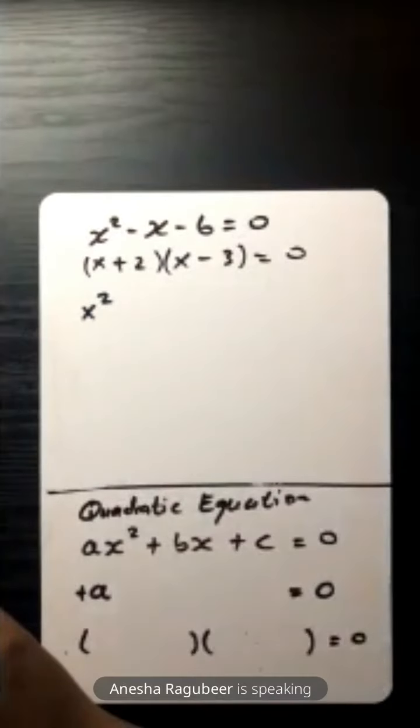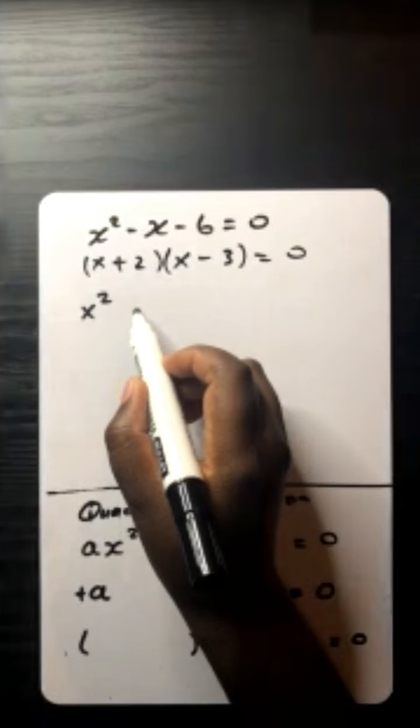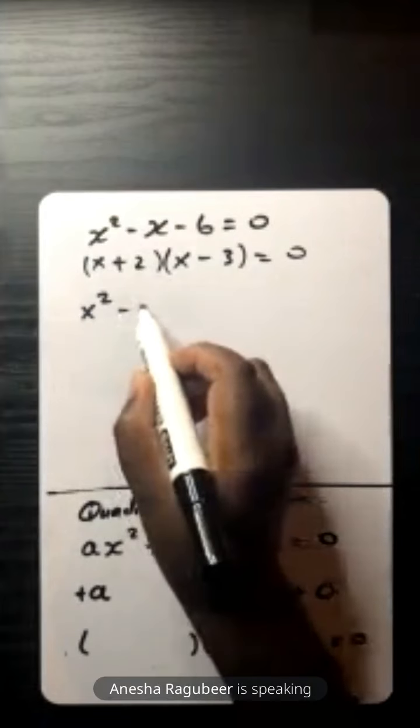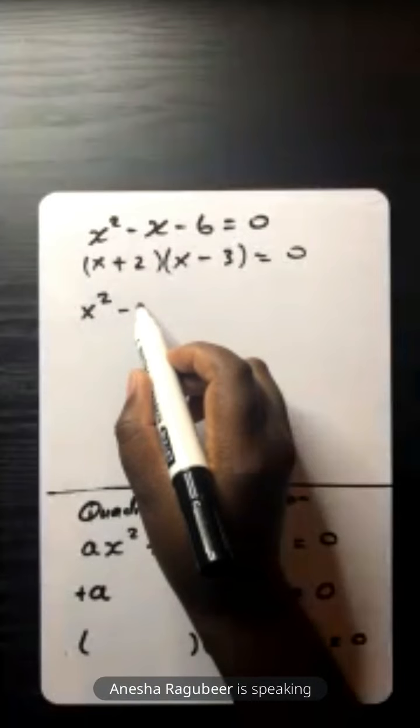Mm-hmm. Then I would say minus 1 because of the 3 minus the 2, which gives me x. So you're saying minus what? 3 minus 2, which will give me 1, which is x.